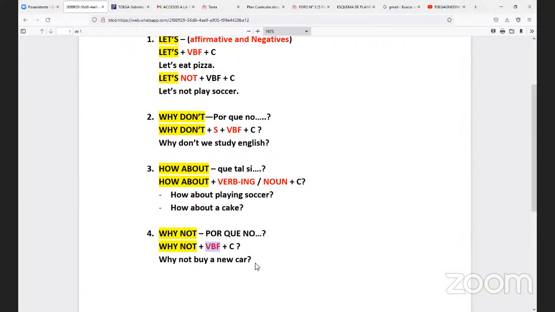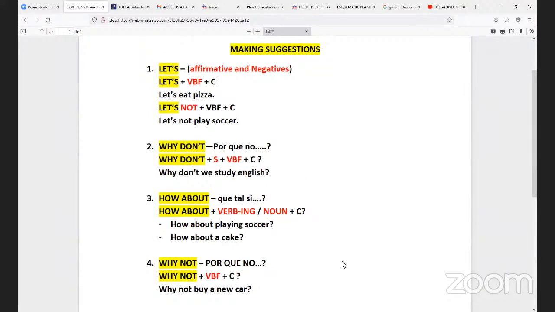Okay, so we could use, in a formal way, "why don't" and the subject. Informal way, "why not" and just the verb. So the only one used to make suggestions in questions for nouns is "how about."